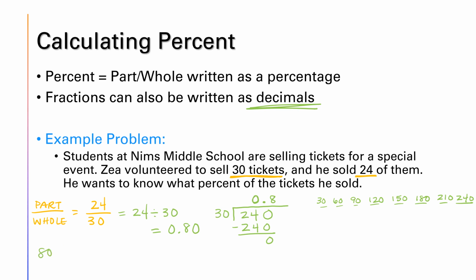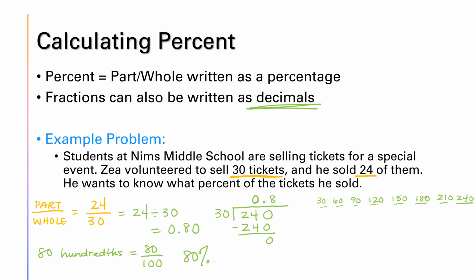Well, 80 hundredths is the rate per 100, 80 per 100, which is 80%.